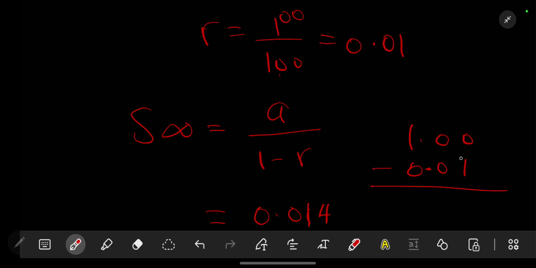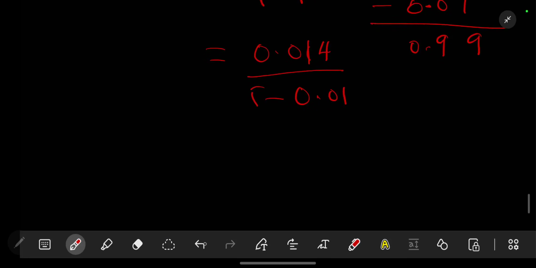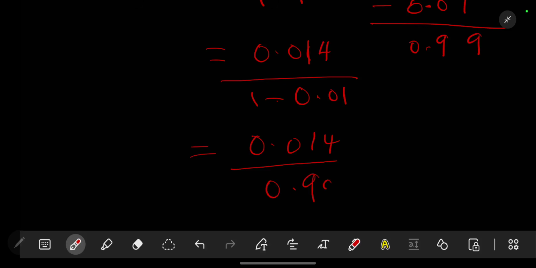This gives us our value, which will be equal to, we get 1 there, it will be 10 here, we get another one, so here it will be 9, 10 minus 1, that will be 9. This 9 minus 0 will be 9. So we have 0.014 over 1 minus 0.01, we are getting 0.99.